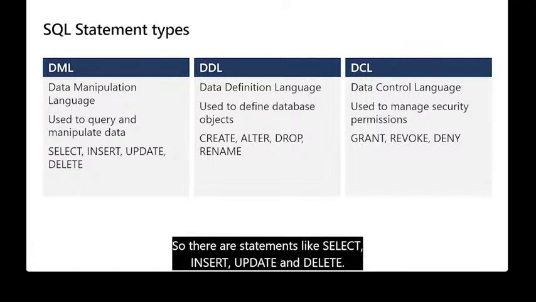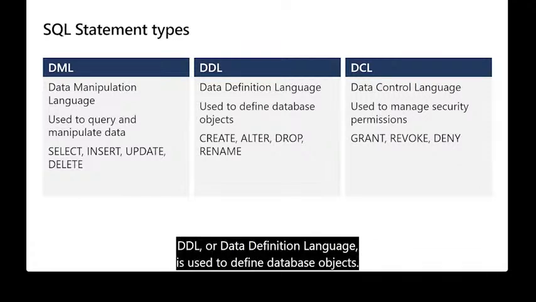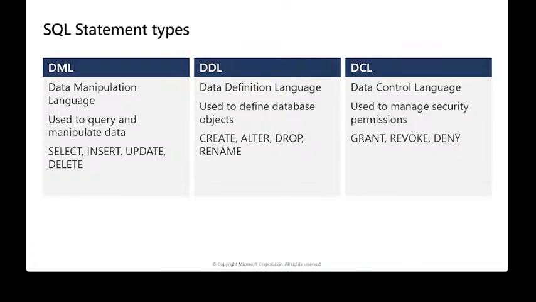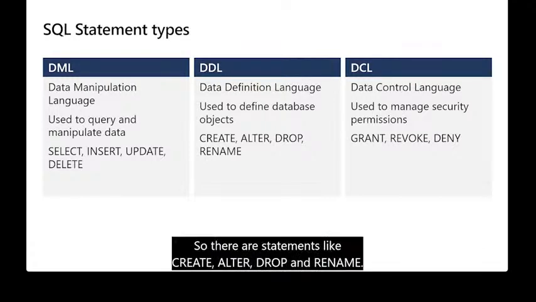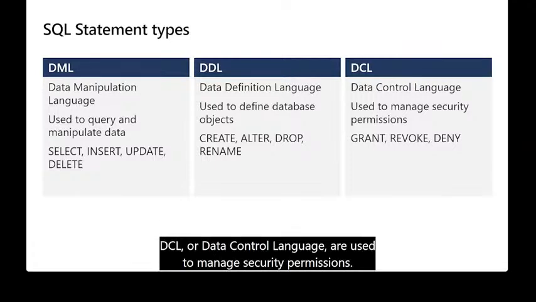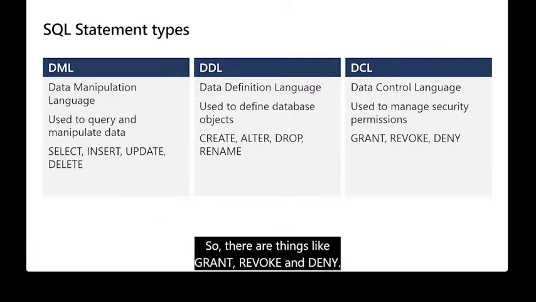They're statements like select, insert, update, and delete. DDL is used to define database objects. They're statements like create, alter, drop, and rename. DCL statements are used to manage security permissions. They're things like grant, revoke, and deny.